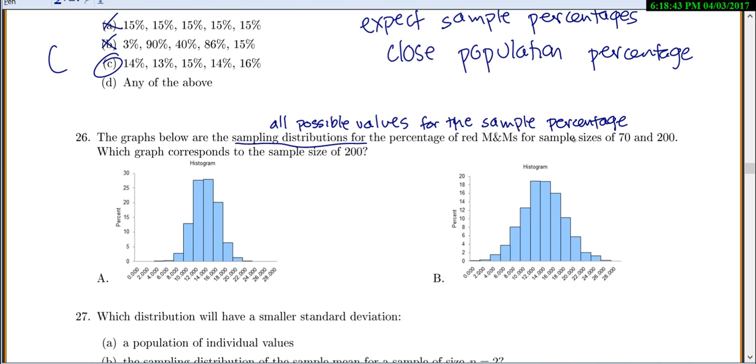We know that if you have a large sample size, they should look normal. Well, both of these look normal. We also know that the standard deviation gets smaller as your sample size gets bigger.